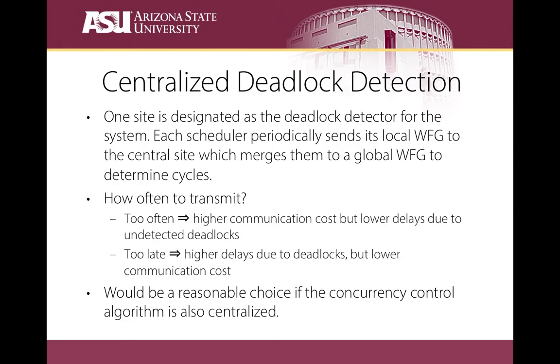So you have multiple sites: site 1, S2, and then Sn, and you have wait-for graph 1, wait-for graph 2, and wait-for graph N. You keep building the local graphs, and then every once in a while, every site will send its graph to a central location.